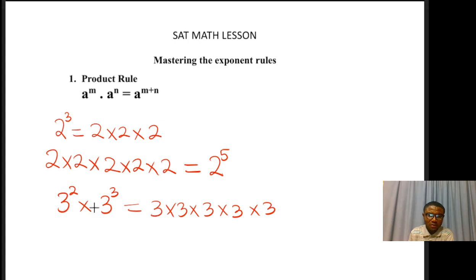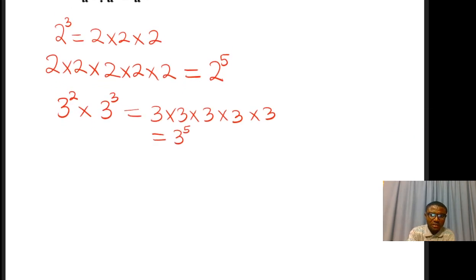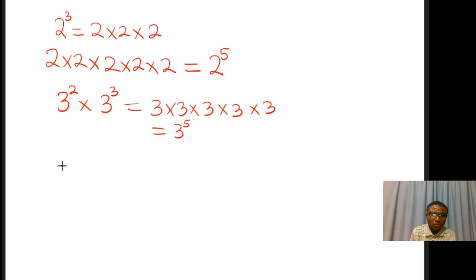So when you multiply all together, you have 1 2 3 4 5, and this gives us 3 to the power of 5.